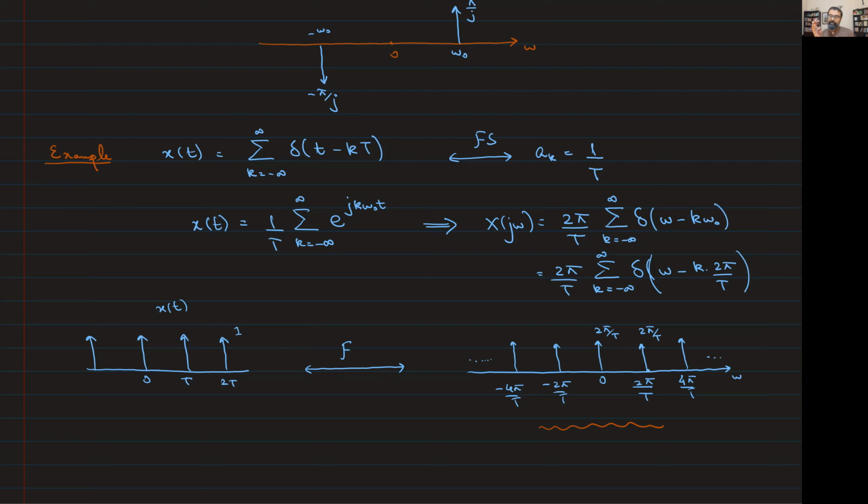So at 0 and omega naught and plus minus 2 omega naught, plus minus 3 omega naught and so on and so forth. All of them over a discrete set, they sum up, and that's what contributes to a periodic signal. As opposed to an aperiodic signal, where we saw that there was a continuum of frequencies that contribute to the aperiodic signal. Okay? So everything clicks together. Everything makes sense. Right. Are there any questions here before I move on?